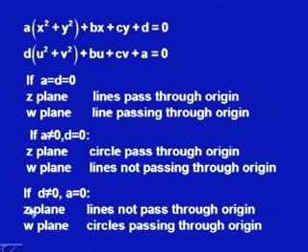In the next case, when d is not 0 and a is equal to 0, then in z plane they represent lines not passing through origin, and in w plane we will be having circles passing through origin. So, these are different cases, and accordingly circles and lines in the z plane will map to corresponding curves in w plane.